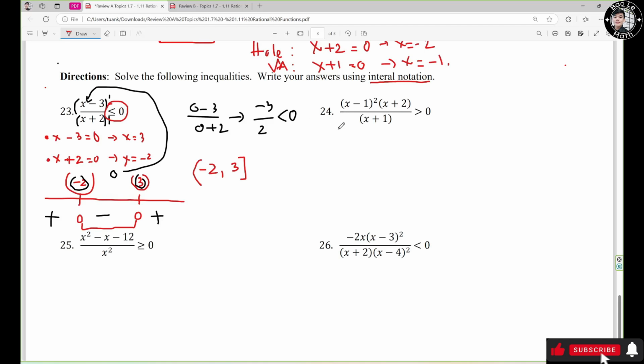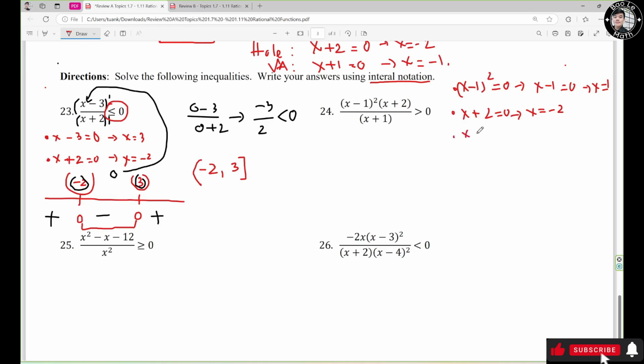Now let's move on to number 24. The 0 of s minus 1 squared is going to be s minus 1 equals 0. So it's going to be s equals 1, right? Now s plus 2 equals 0, then s equals negative 2, right?